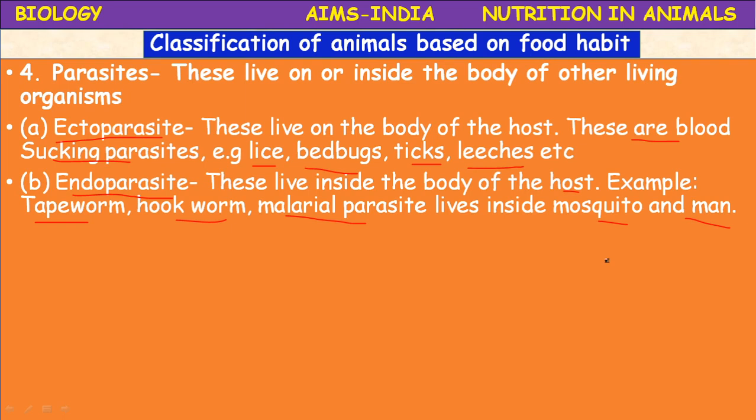These worms are present, which is why you might have seen deworming in small children below 5 years, or even in adults also. Deworming means the process in which the worms are eliminated from the body.